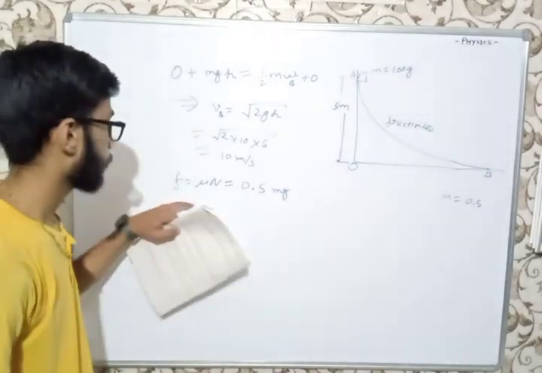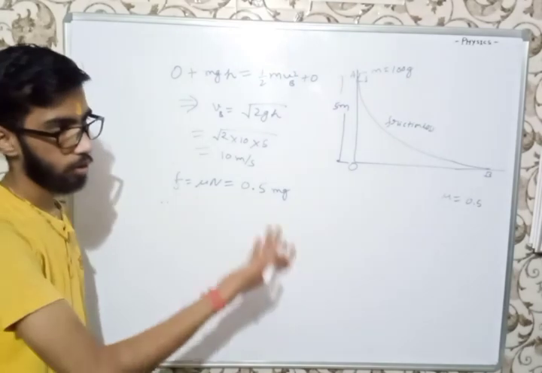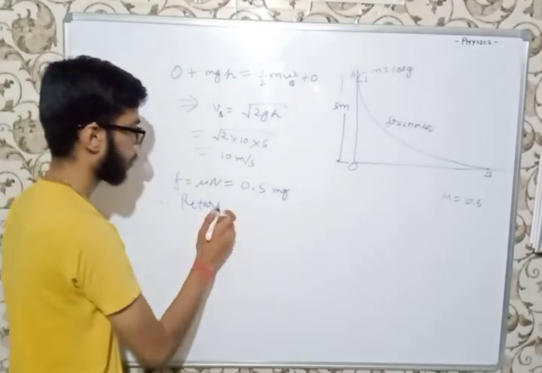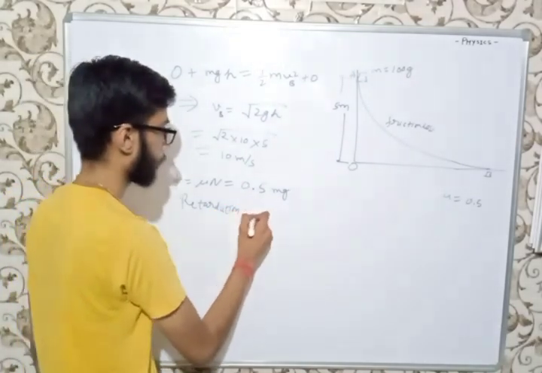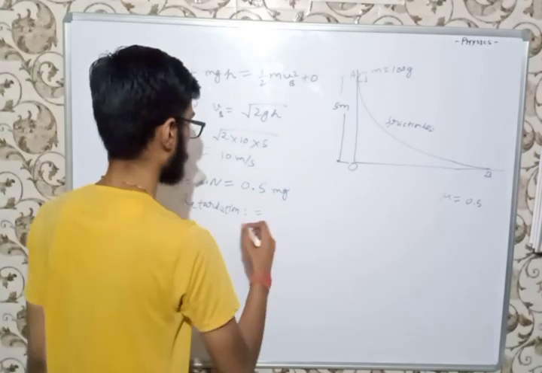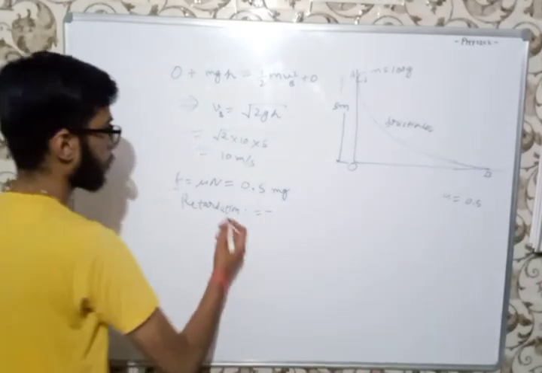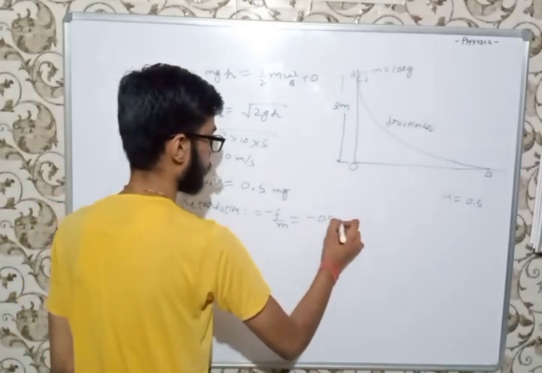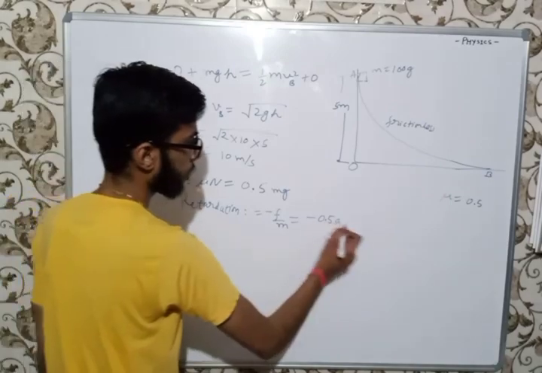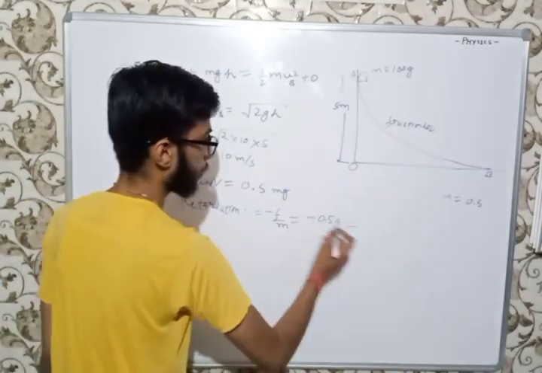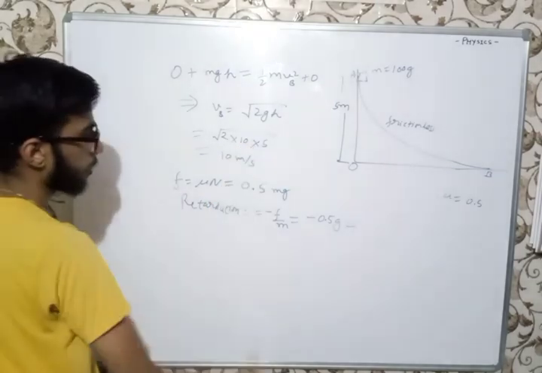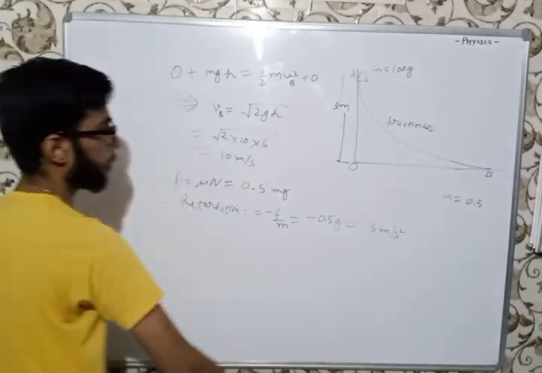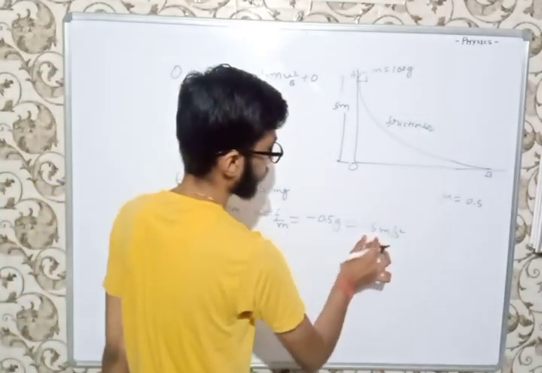So this friction will retard the block. The retardation is negative f upon m. It is simply negative 0.5 g, and I have chosen my value of g to be 10, so it is minus 5 meter per second square. It is the retardation.